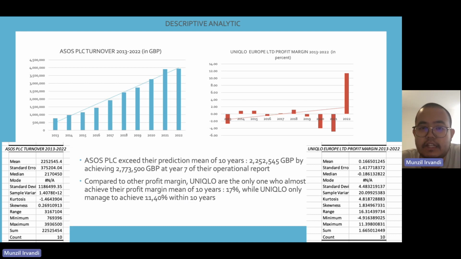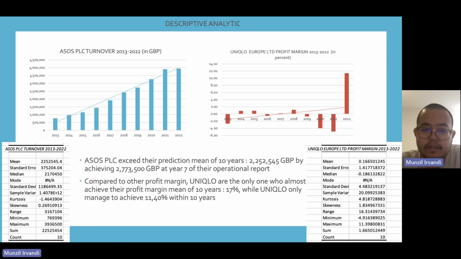So descriptive analytic is a scope to gather data from the past event until recent event and then summarize everything about it. The data I use for this information is the ASOS PLC turnover and Uniqlo Euro profit margin. For the ASOS PLC turnover, as you can see from the turnover from 2013 to 2022, their mean within 10 years is 2,252,545 GBP.